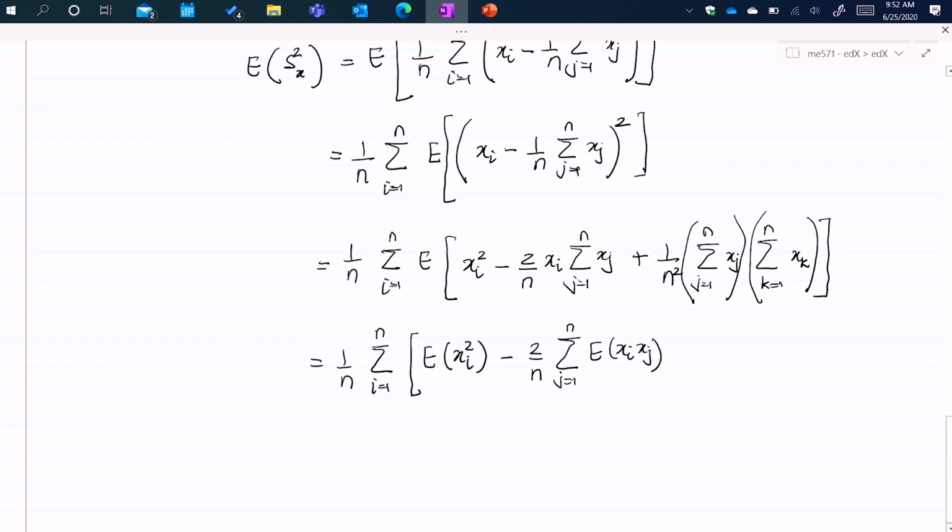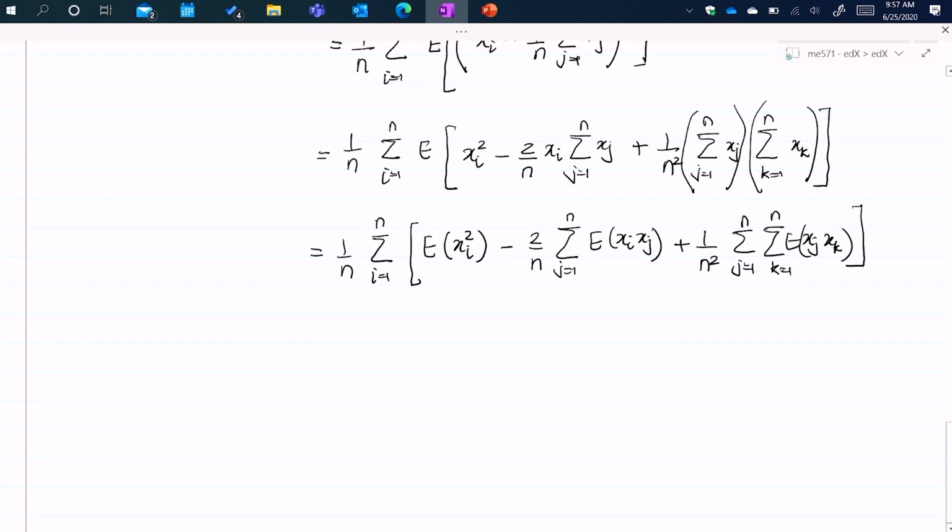I'm using properties of expected value to write this expression, plus 1 over n squared summation over j from 1 to n, summation over k, of the expected value of xj xk.